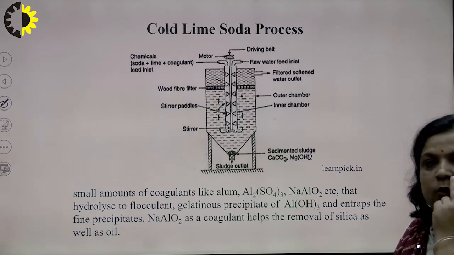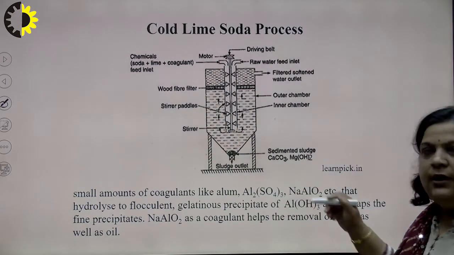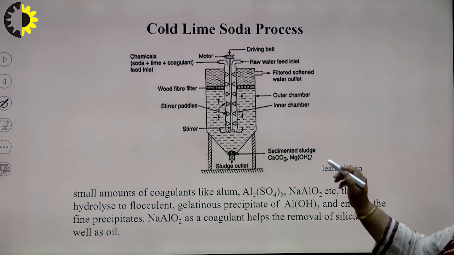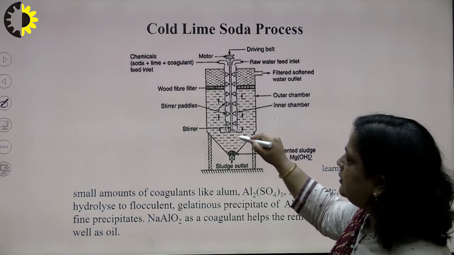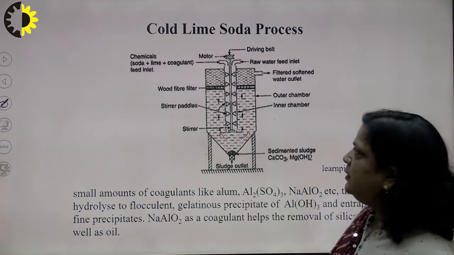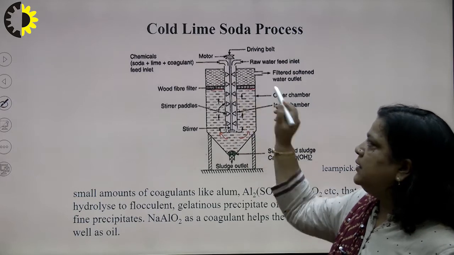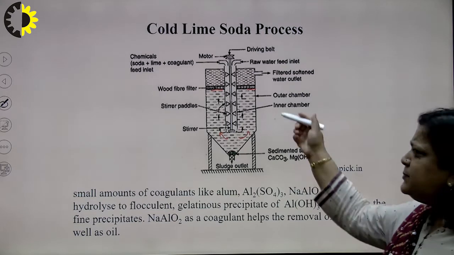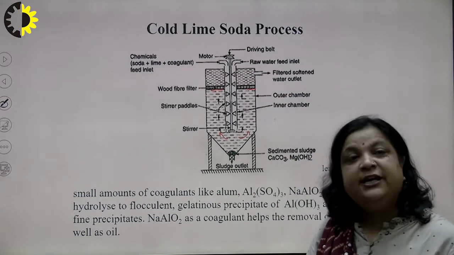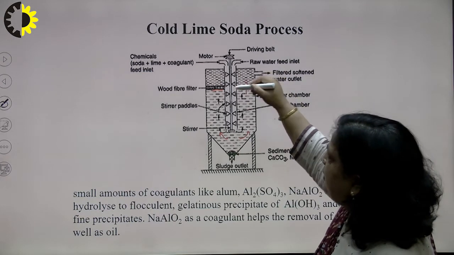To explain this cold lime soda process, first let us discuss this softener. This softener basically contains a tank. This is the tank, and this is a wood fiber filter, which is basically only a filtration aid. So, its role is only to filter the water.